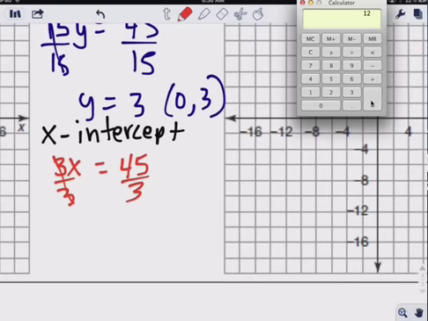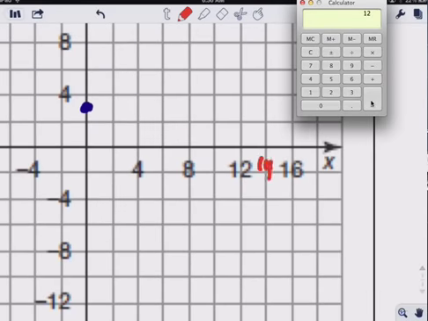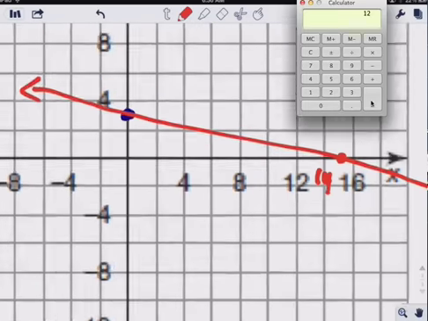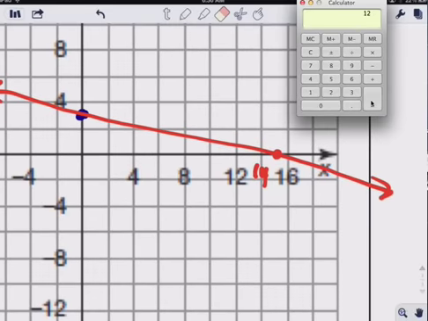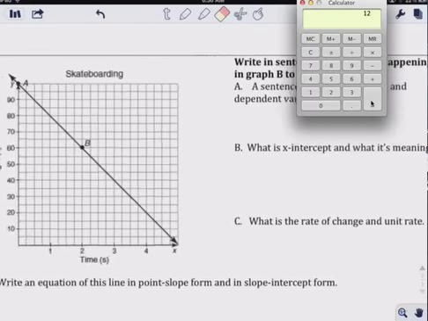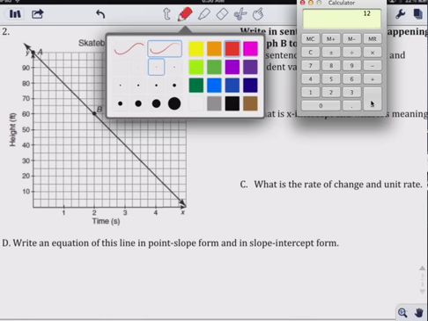My answer is 15. 15, 0. Okay, 15, 0. X-intercept would be right there. Draw your lines continuously. Okay, remember what x and y-intercept is. It was when it crosses the x-axis. The y-intercept is when it crosses the y. Oh well, you guys know. Hopefully. Okay. This one here.